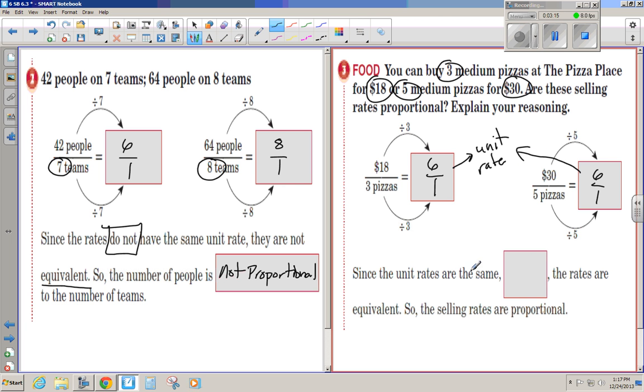Since the unit rates are the same, the rates are equivalent, so the selling rates are proportional. That means $18 per 3 pizzas is equivalent to $30 per 5 pizzas.